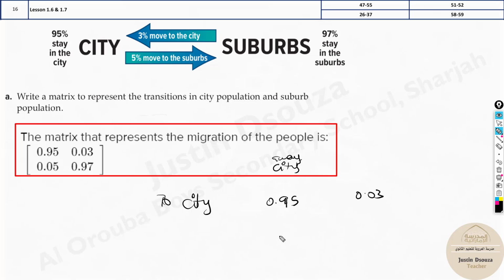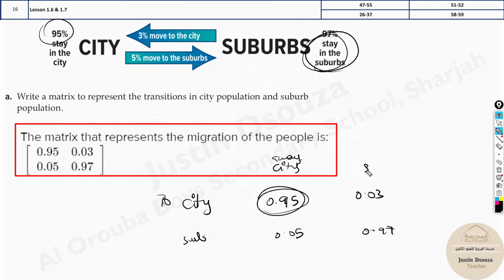It is 0.05. And this last column over here will be for this. So you started with the city population, right? You ended with the suburb population. This is 0.97. So this is basically suburb details. And this is basically 97% stay in the suburbs as of now.